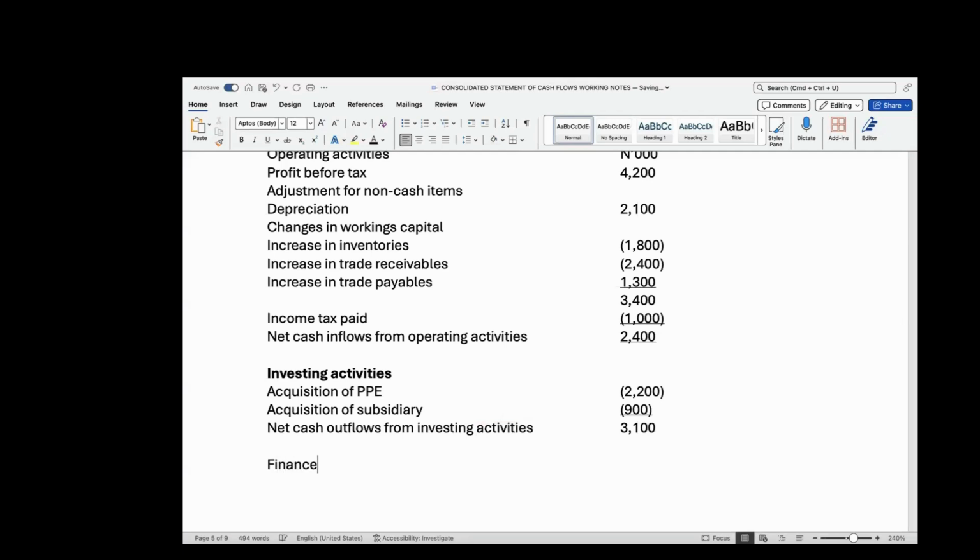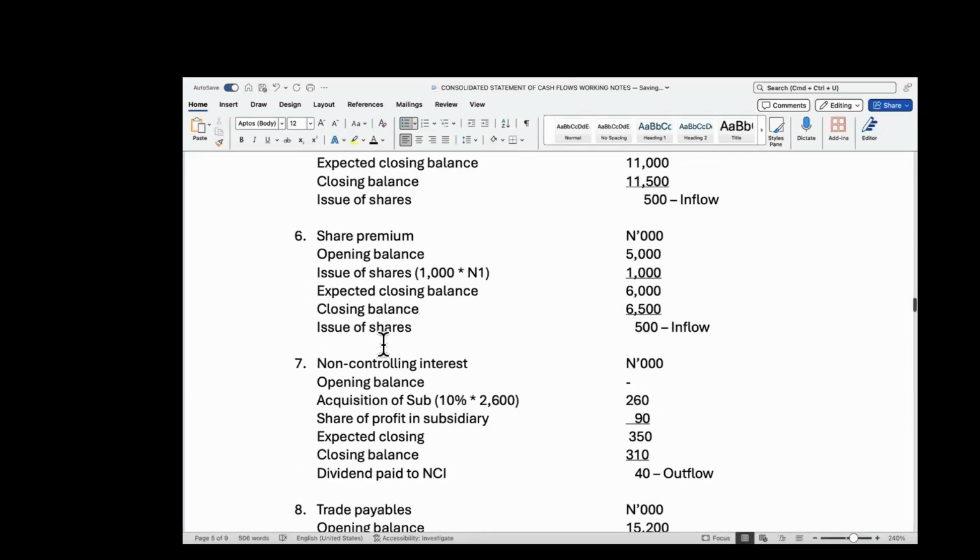Then financing activities. I have issue of shares. There is the share capital, we had 500 inflow. And there is share premium, we had 500 inflow from our workings.